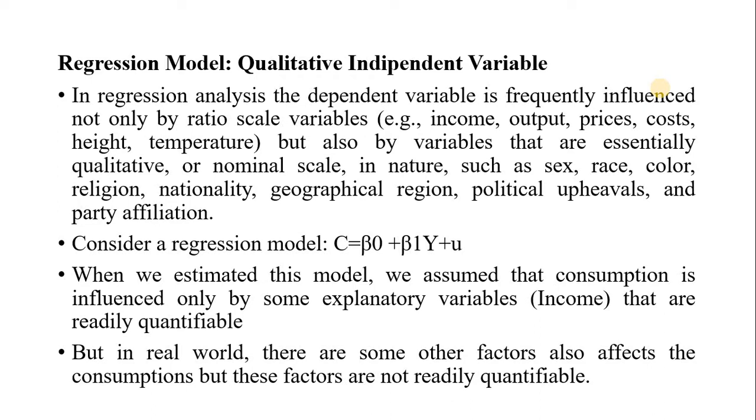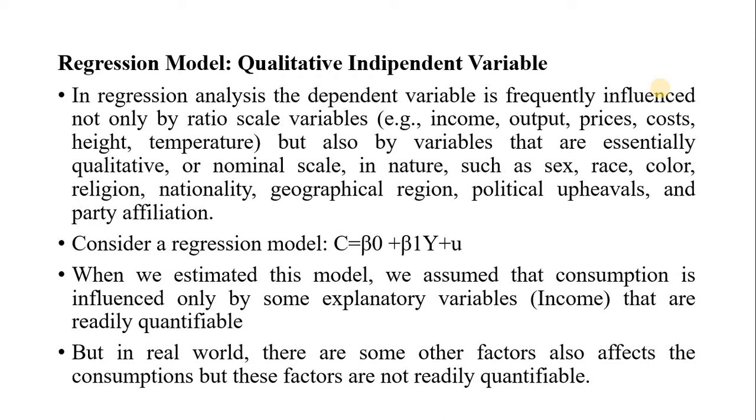So what I am trying to say is that our dependent variable is not only influenced by the ratio scale variables but also by the nominal scale variables, or the dependent variable is not only influenced by quantitative variables, it is also influenced by qualitative variables.